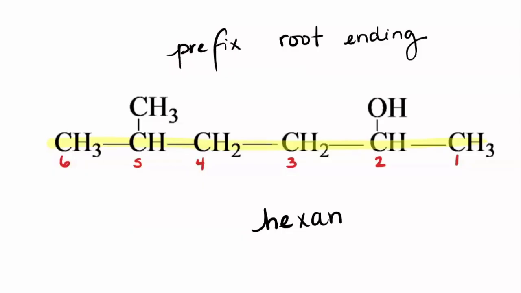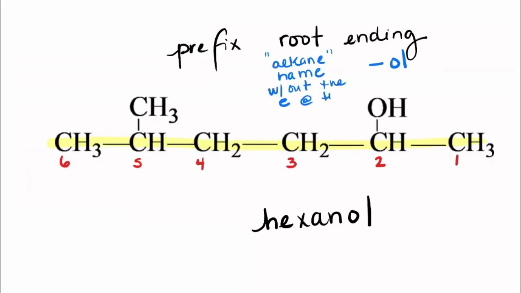If we have an alcohol, that means that the name is going to end in OL. So when it comes to naming, the ending is OL. The root is going to be, quote unquote, the alkane name without the E at the end.